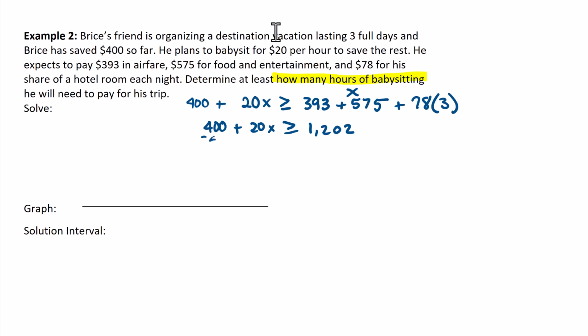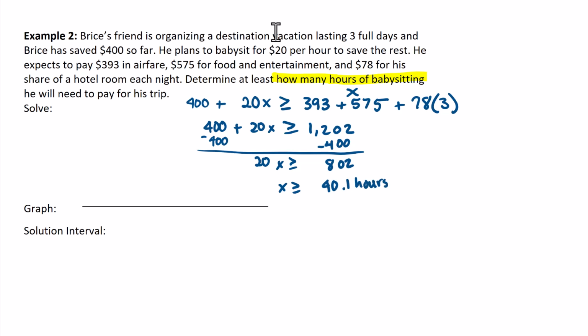If we subtract 400 from both sides, we should get 20x is greater than or equal to 802. If we divide by 20, x is going to be greater than or equal to 40.1 hours.